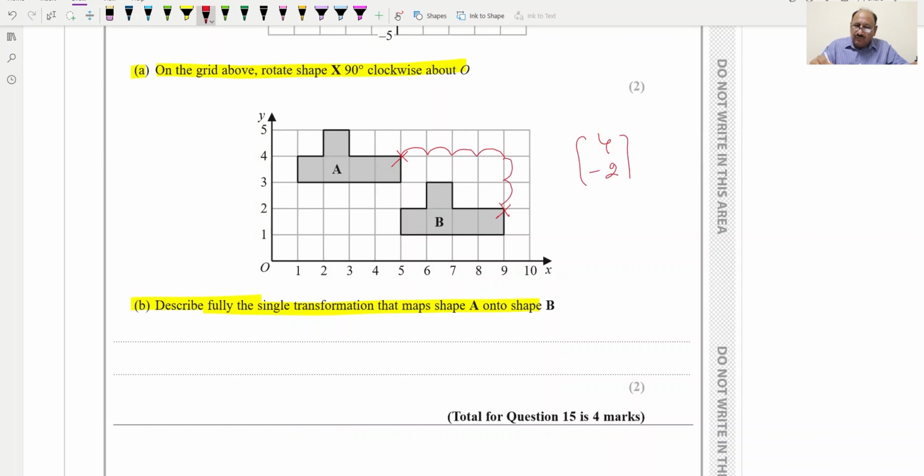So this will be the column vector and translation vector. So we can say this is translation by, and the vector will be 4 and minus 2. This will be the answer for 2 marks, which is done.